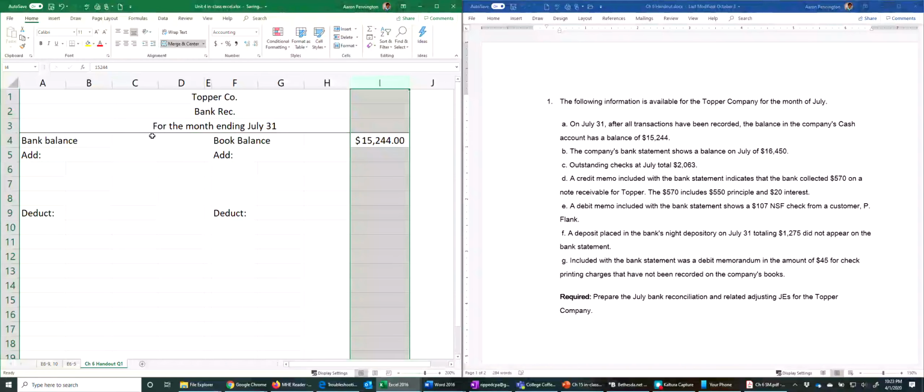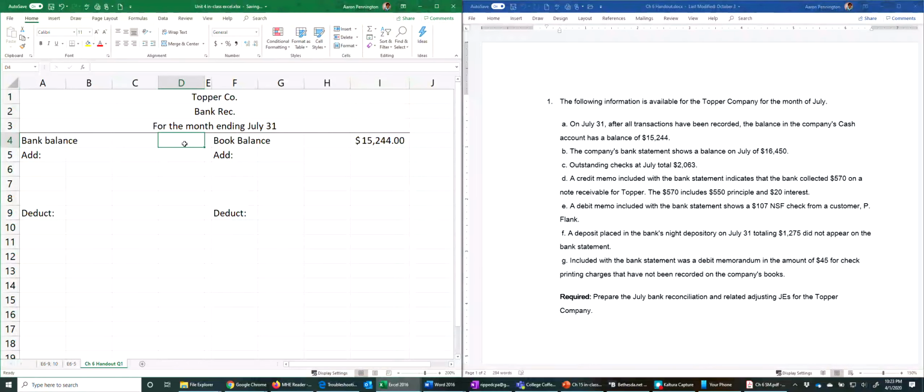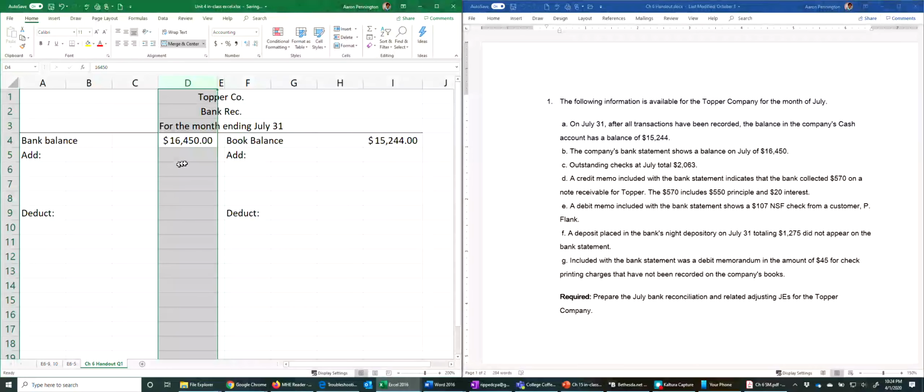Next, the company's bank statement balance on July 31st is 16,450. So we took care of A and B.